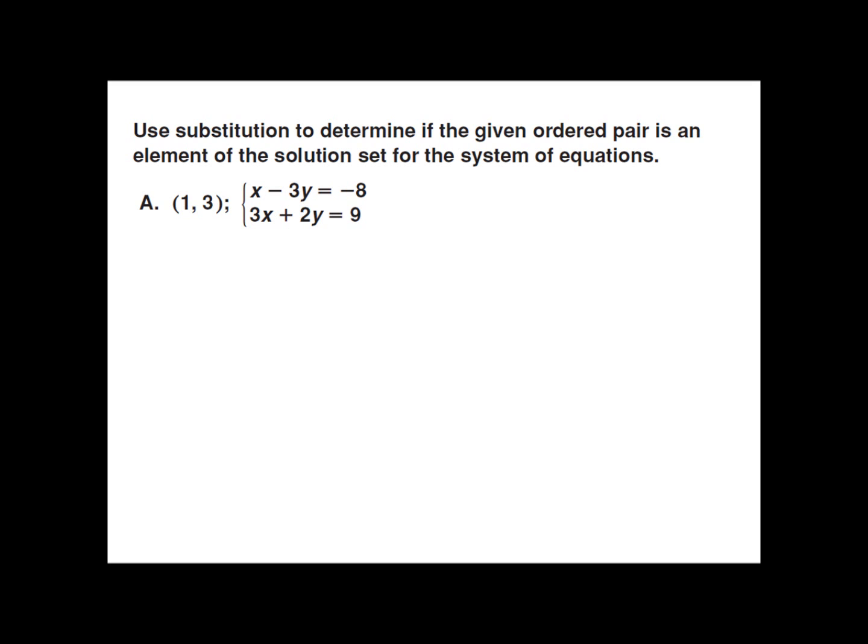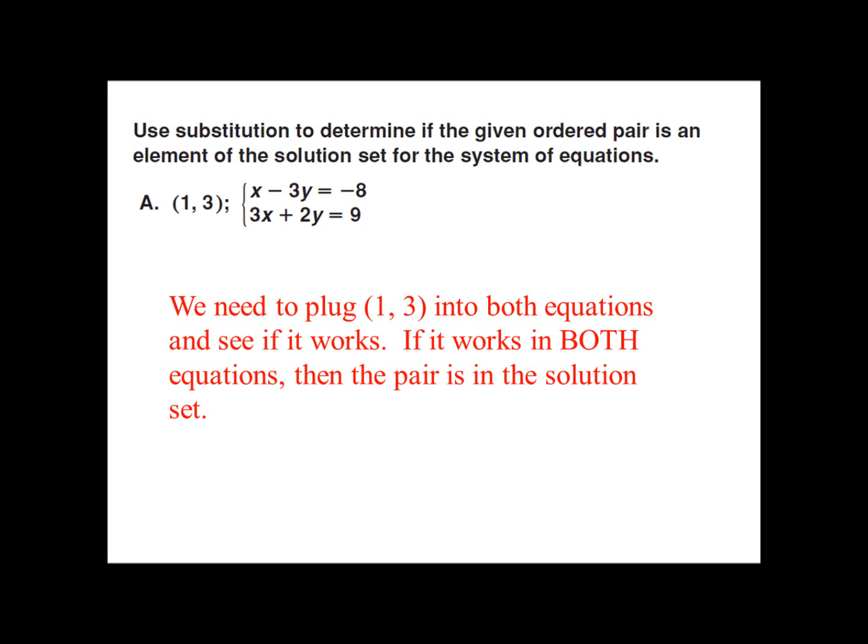Alright, so let's take a look at an example for our homework. It says use substitution to determine if the given ordered pair is an element of the solution set for the system of equations. So they're basically asking, does the point 1 comma 3 work in both equations? The way I'm going to answer that is to plug the point into both equations and see if it works. If it works in both equations, then the pair is in the solution set. It's not that it works in one and not the other, it's got to work in both.